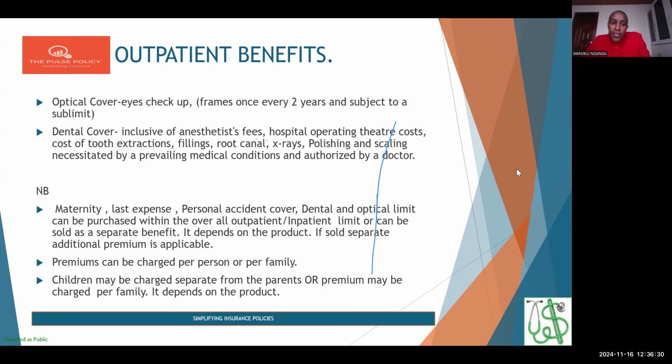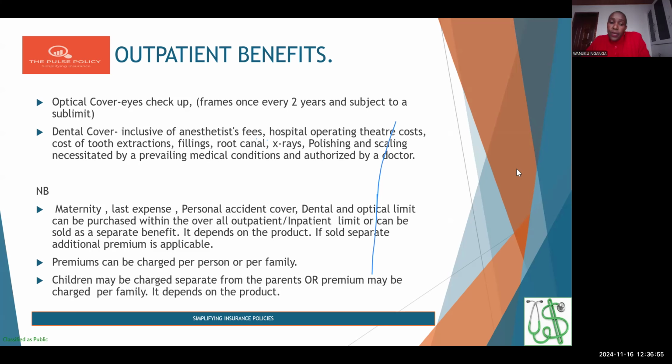Now, something to note here, the maternity benefit, the last expense benefit, personal accident cover, the dental and optical limit. In some cases, when you're purchasing the policy, they can be within the outpatient limit or the inpatient limit, it depends. At the same time, they can be sold as separate benefits, meaning that when we are calculating your premium, I'm going to calculate extra premium for those benefits.